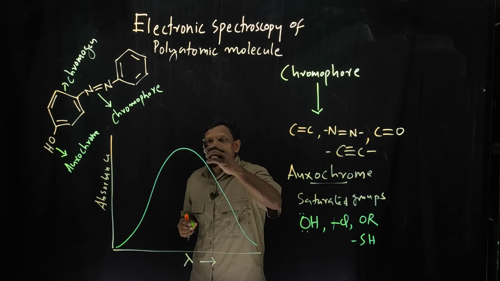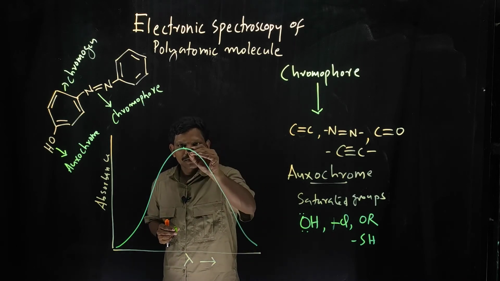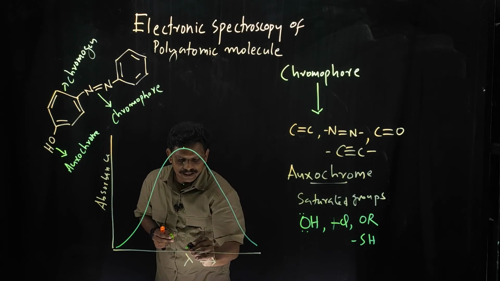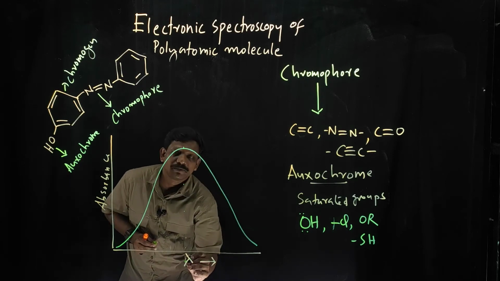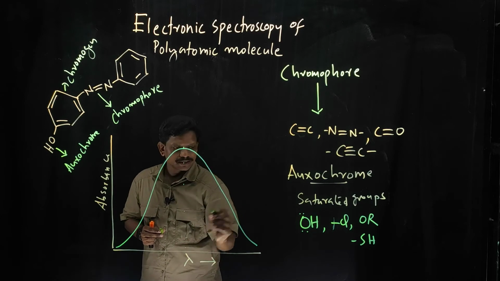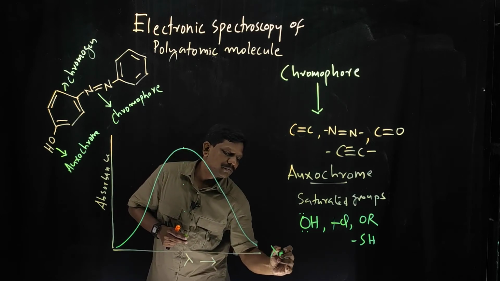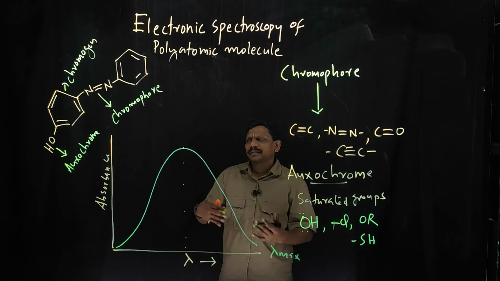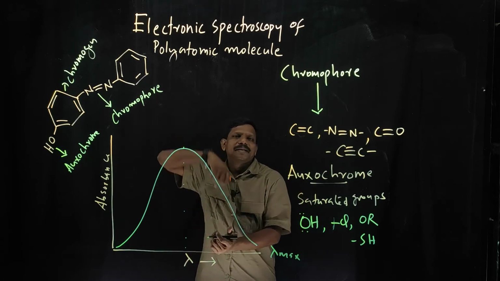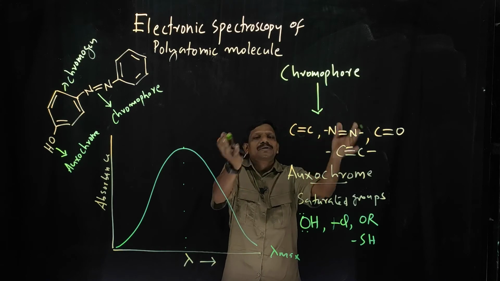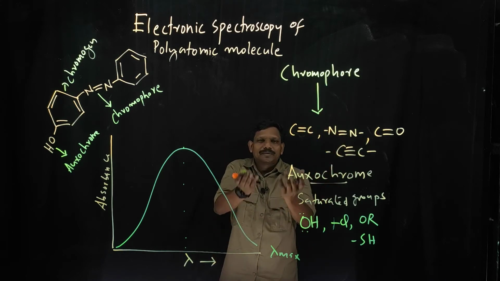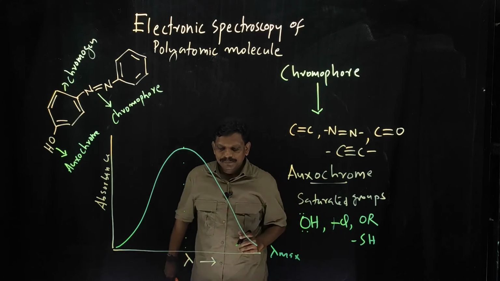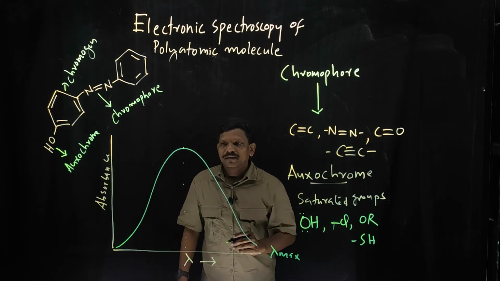And you know that at this particular peak you will be getting the lambda maximum. Let us take this as the pi to pi star transition, because we are talking about conjugated or unsaturated systems.